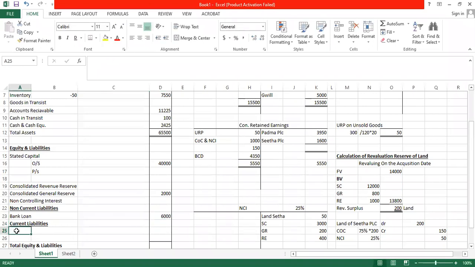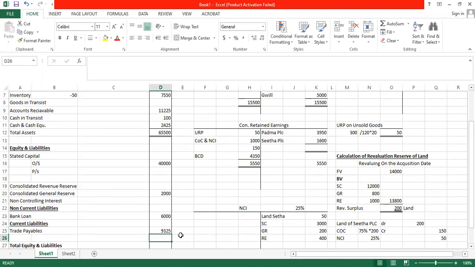Under the current liabilities, there is trade payables, no adjustment. Trade payables, we can add them together, 7,925 plus 1,400.